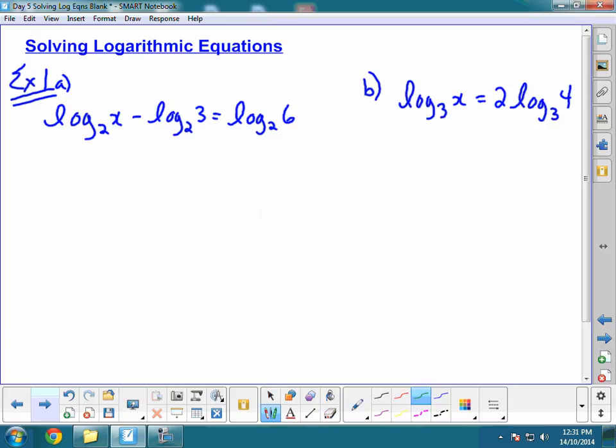So let's put the term that has the x in it by itself. That is this one, the log x base 2. This over here is log 6 base 2. And this one's going to have to move across, so it becomes a plus log 2 base 3.